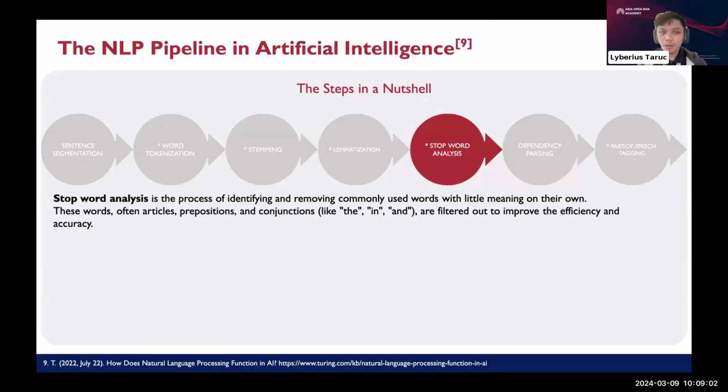Stop word analysis removes most conjunctions, prepositions, and articles of a language, such as the, in, and, of, etc. Take note that not all of the stop words have to be filtered out.